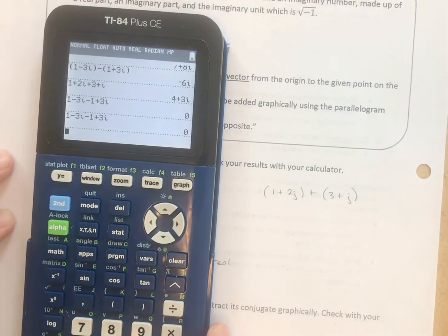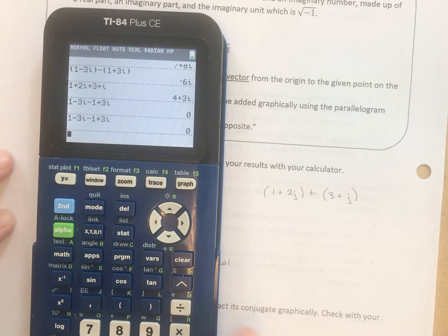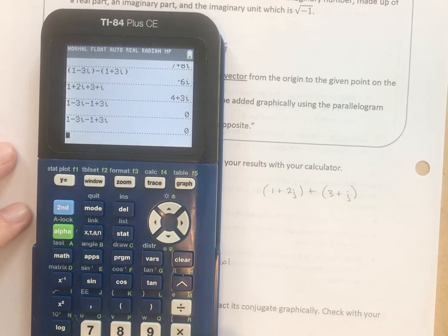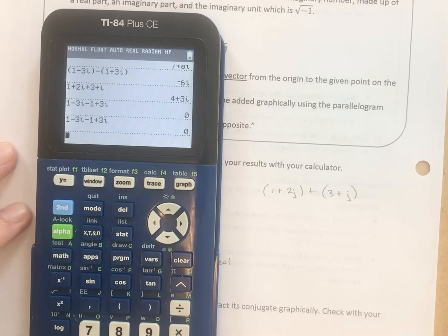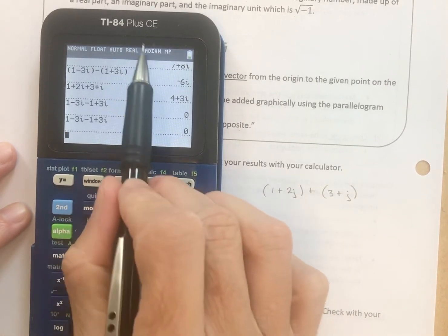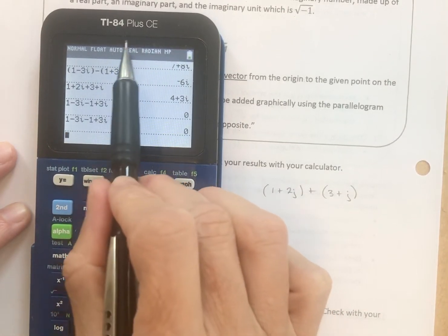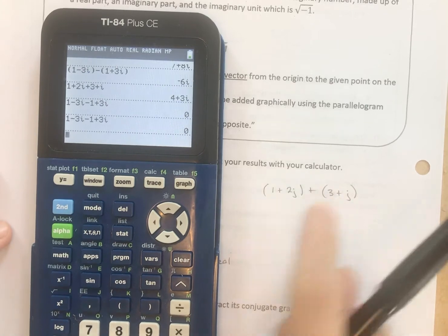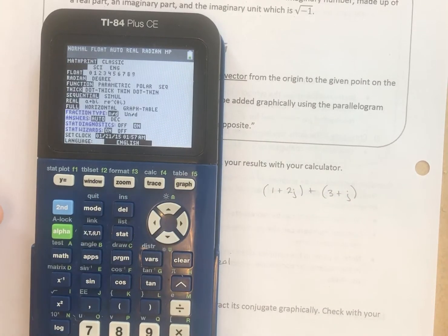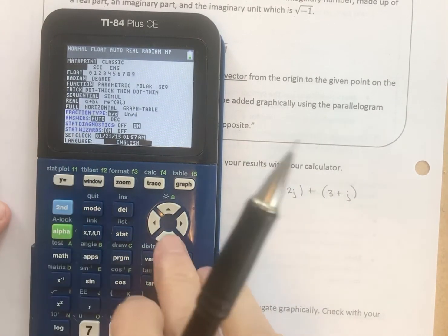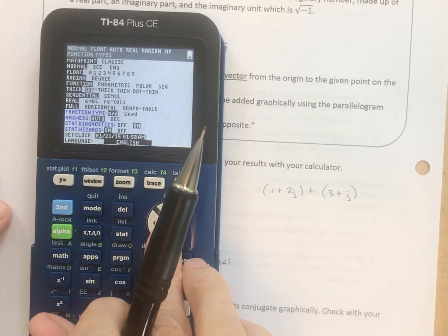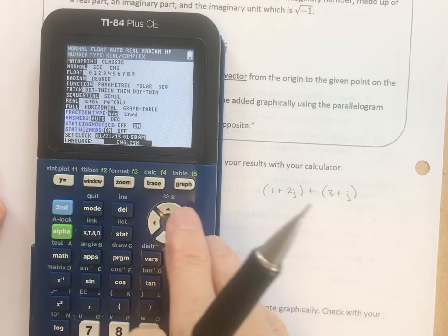What's important to note here in your calculator is, as we've seen in other applications like parametric equations, you need to be in the right mode. You'll notice on my calculator up here, it says real. I am currently in the real number mode. Well, this is the complex number mode, so I need to go to mode and come down to row 8.